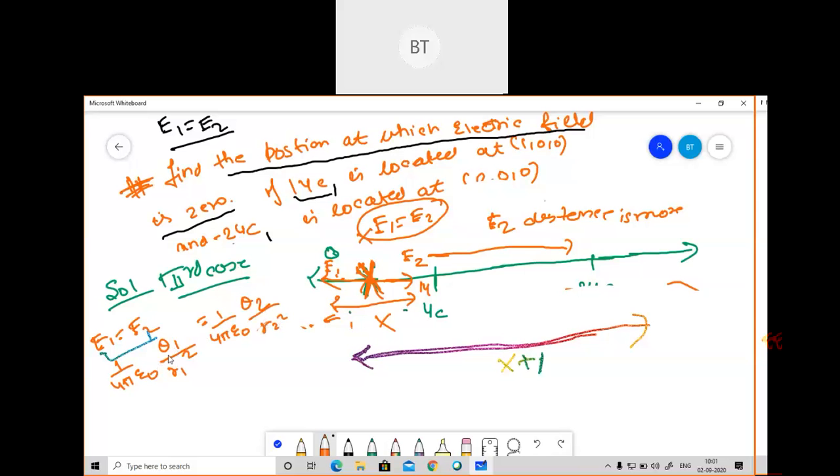So you need to substitute the values. I'll put the value of 1 microcoulomb, that is 10 to the power minus 6, over x square, since this distance is x, equal to 2 into 10 to the power minus 6, I am writing only the magnitude, over x plus 1 the whole square. So now this will get cancelled.